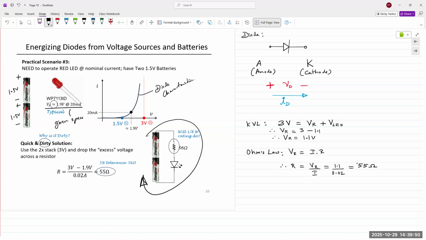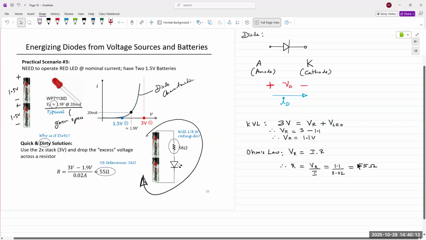Yeah, 1.1 that we obtained from above by applying KVL in the first step. It was part of the problem statement.